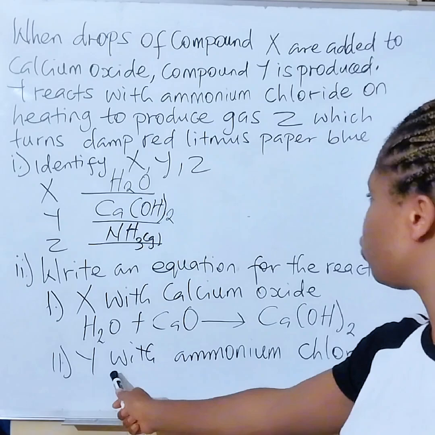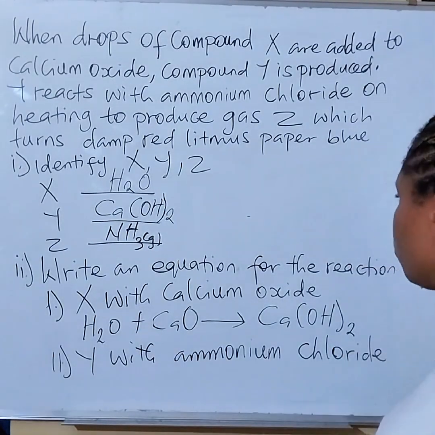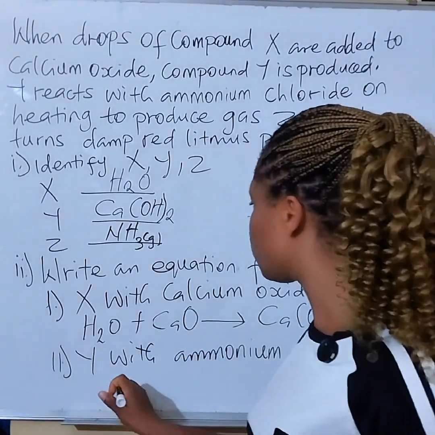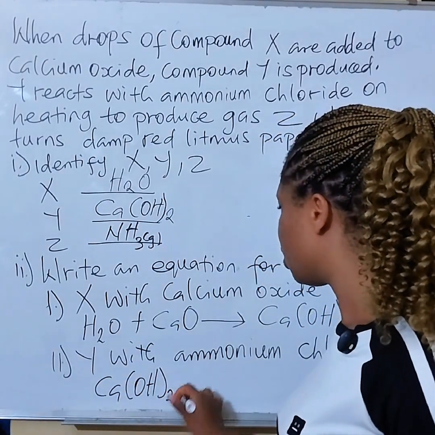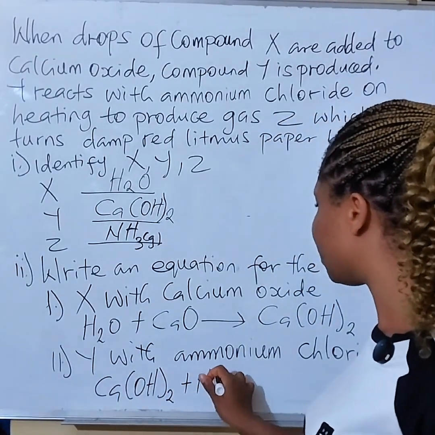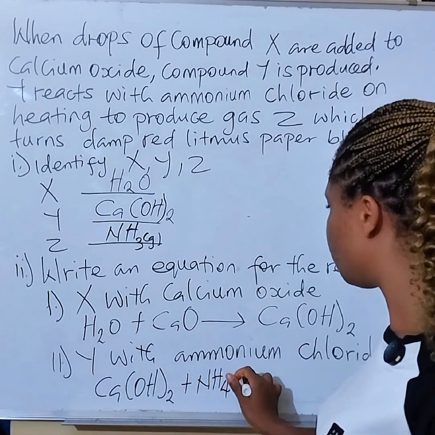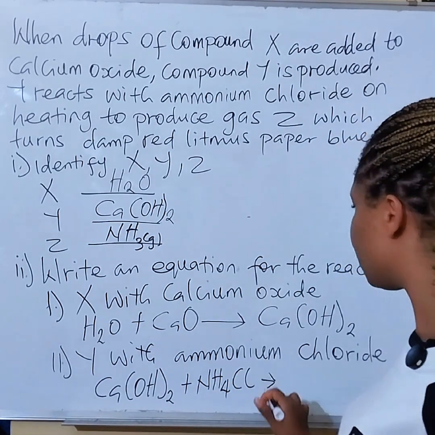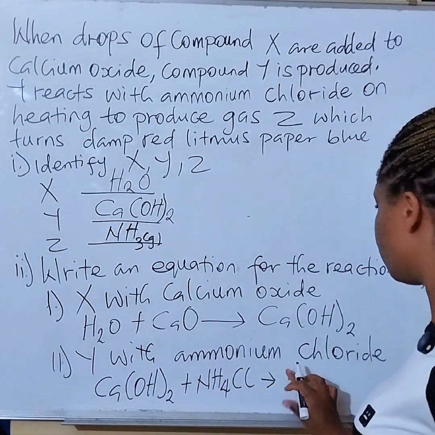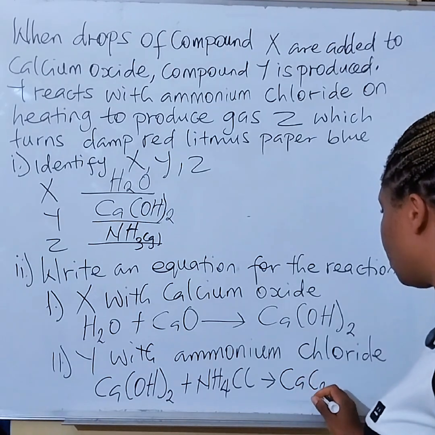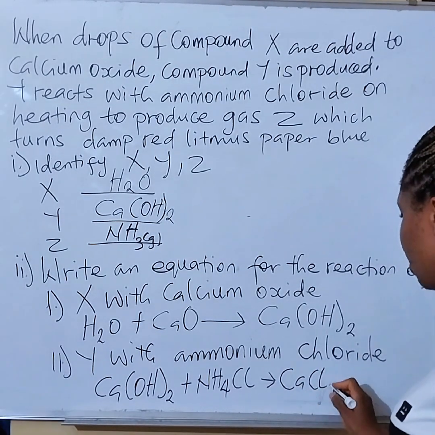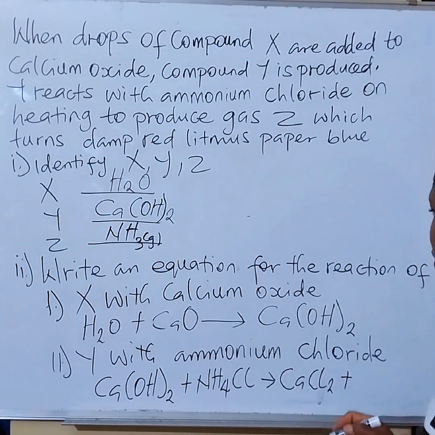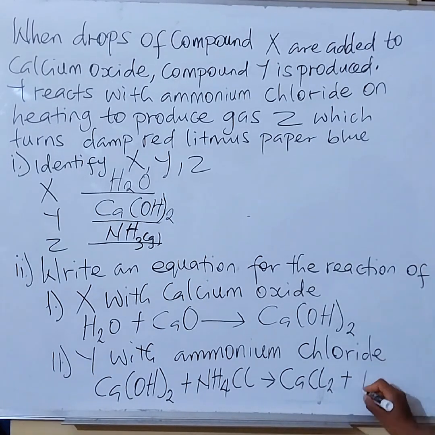An equation of reaction of Y with ammonium chloride. We already know that our Y is calcium hydroxide, which is this. Then the formula for ammonium chloride is NH4Cl. Then when this happens, this is what will be formed. We are going to have CaCl2 plus, what next will be formed?